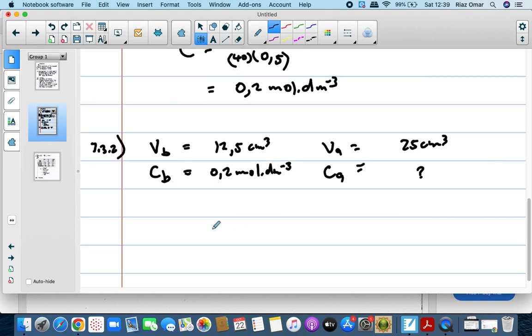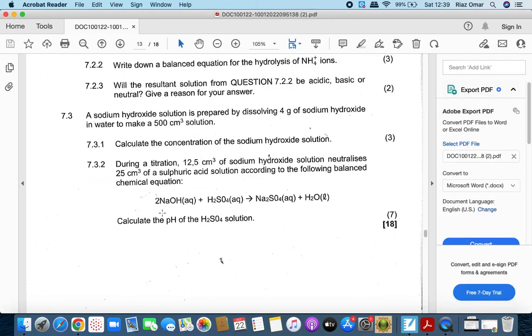So we know the equation that we usually work with. We're working with titration, CAVA over CBVB is equal to NA over NB. Now, do we know the number of moles of acid that reacts with the base? We can see here there's 2 base, and then H2SO4 is 1 acid.